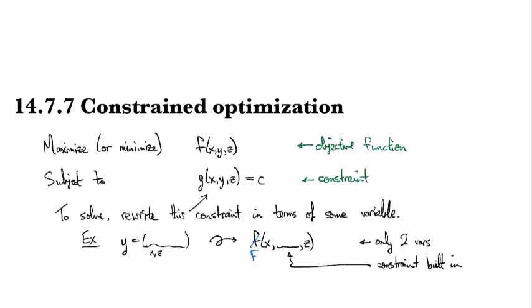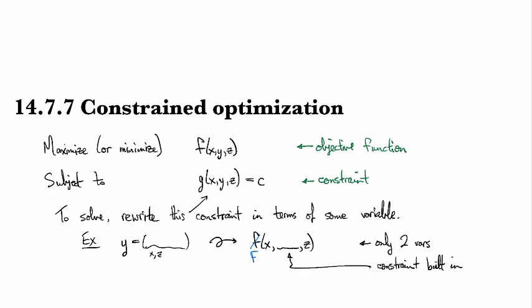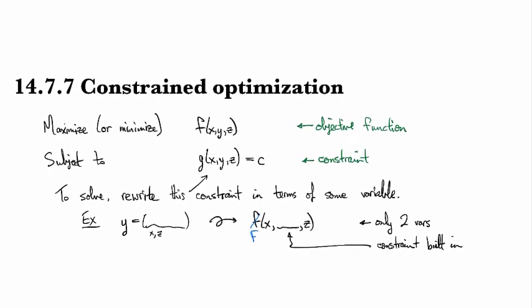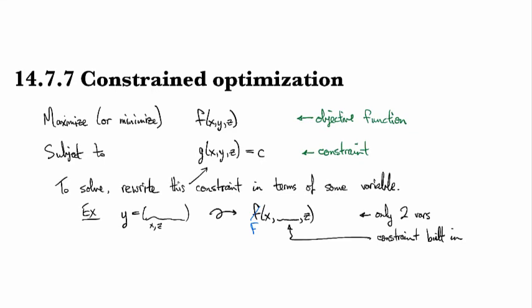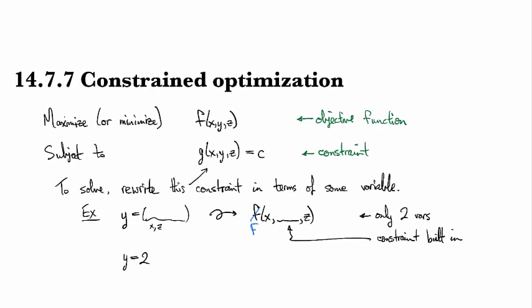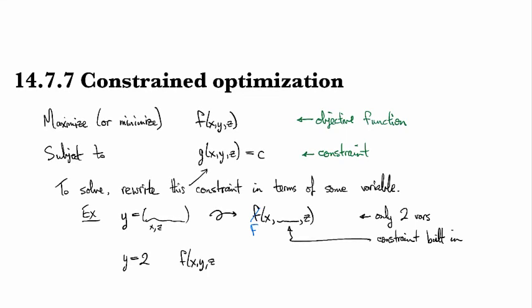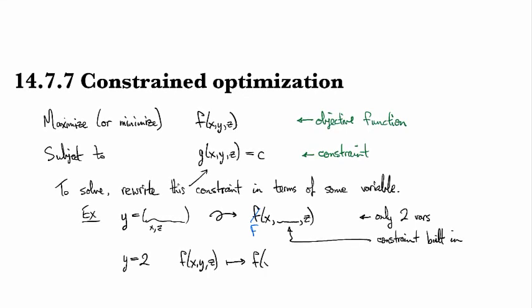So this is exactly the same kind of thing that we do when we take a trace, right? When we take a trace, we say something like, I'm going to take y equal to 2, and then I take my original function and swap it out by substituting in 2 for y.